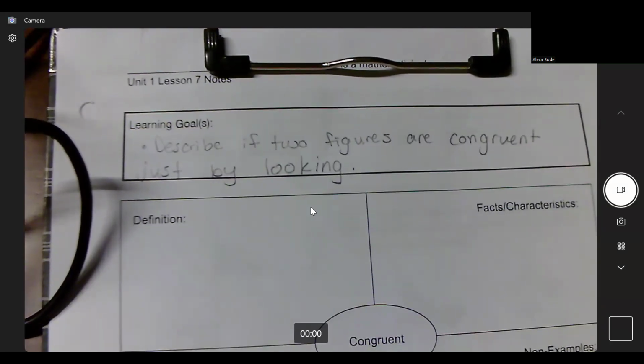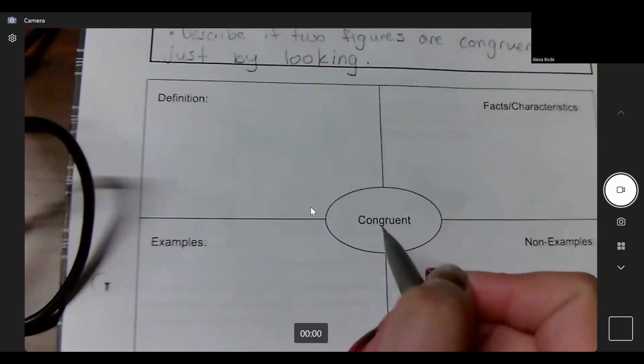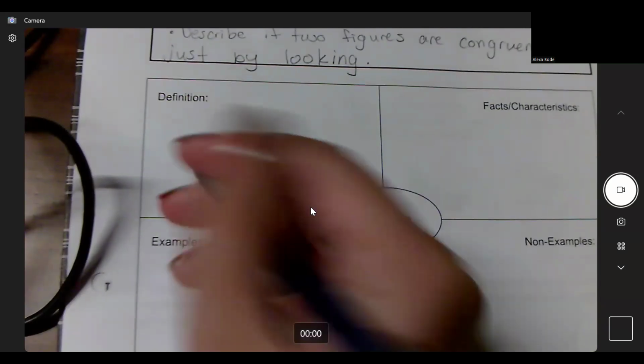Okay, so the definition of congruent is kind of what we have to do first.